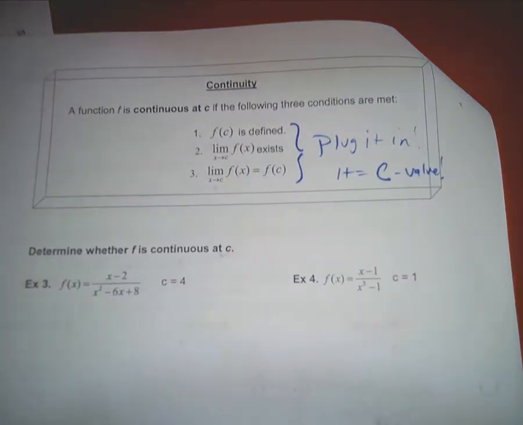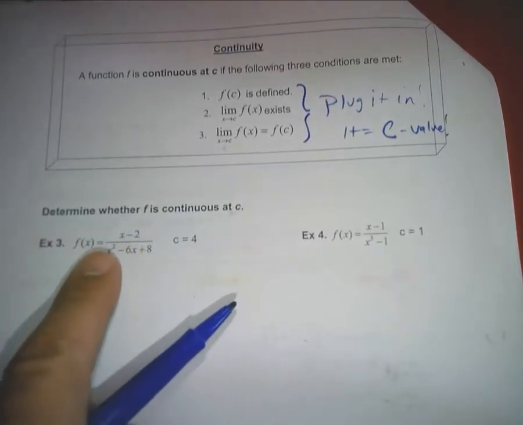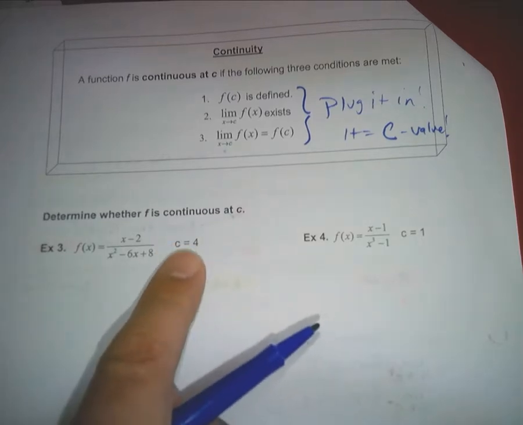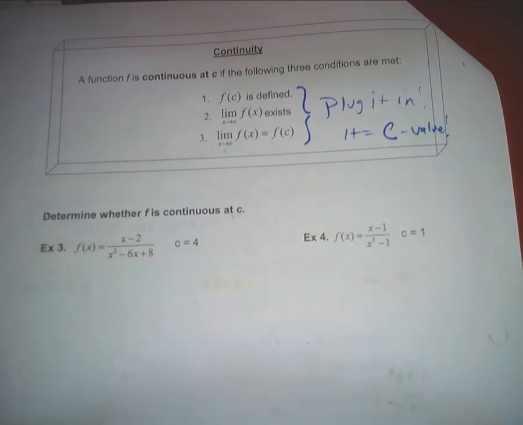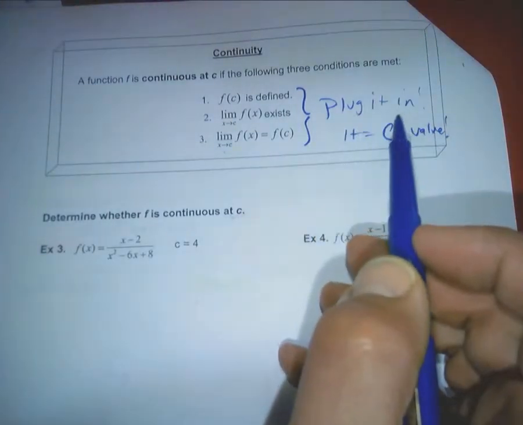Okay? So they're going to give us a function to say, is this thing continuous at c? So they give me a function here. People at home, I've got f of x equals x minus 2 over x squared minus 6x plus 8. And they want to know if it's continuous at 4. Well, all we got to do is plug it in.